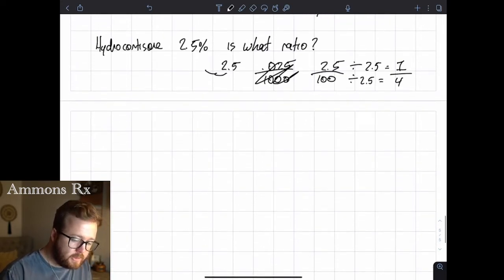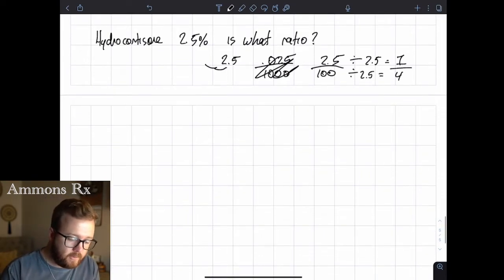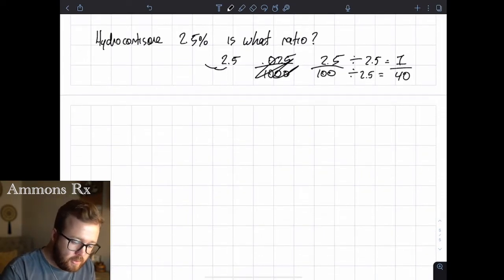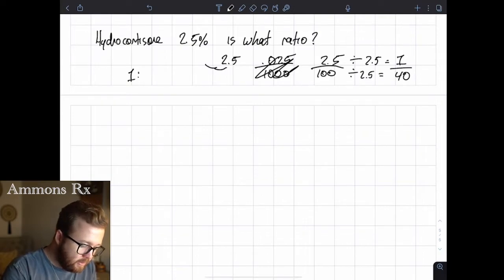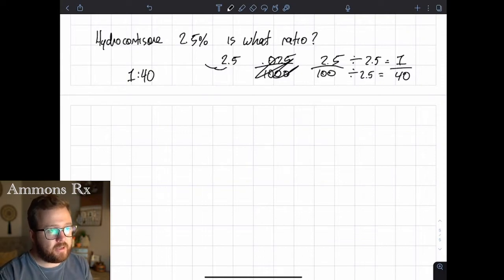So I just took that 2.5, I divided it by itself, and then I divided 100 by 2.5, and it can reduce into 1 over 40. So that ratio would just be 1 to 40. Like I said, I give you multiple choice, but if you want to save your time, which might be a good thing to get in the habit of, you can just do it like that.